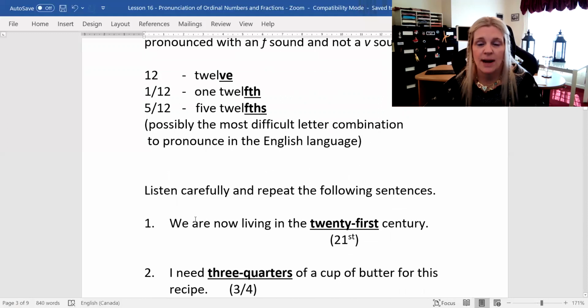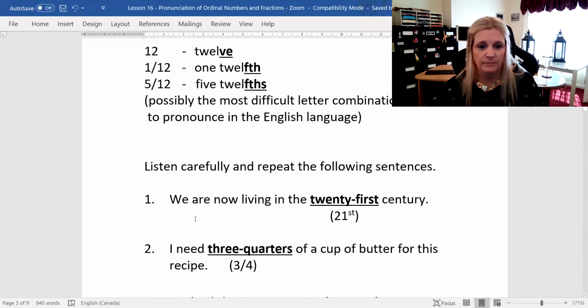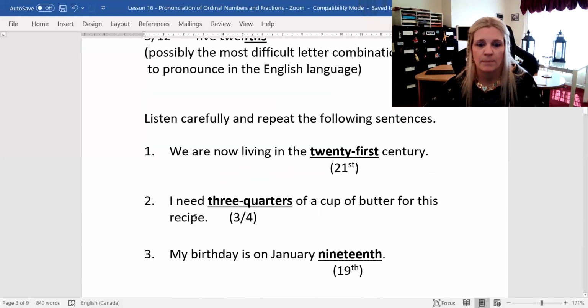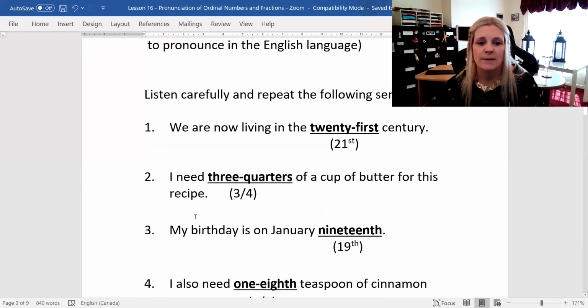Okay, let's do some practice sentences. Listen carefully and repeat the following sentences. We are now living in the 21st century. I need 3/4 of a cup of butter for this recipe.